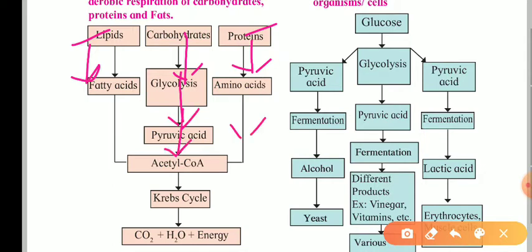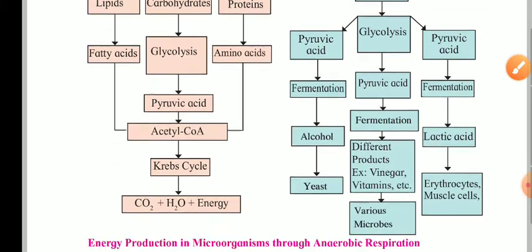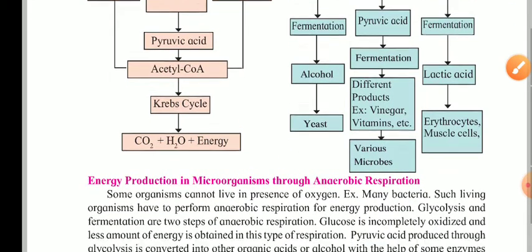Whereas amino acid directly gets converted into acetyl coenzyme, and fatty acid is also directly converted into acetyl coenzyme, and then the tricarboxylic acid cycle, which is also known as the Krebs cycle, and then the production of CO2, H2O, and energy. This is about the aerobic respiration.